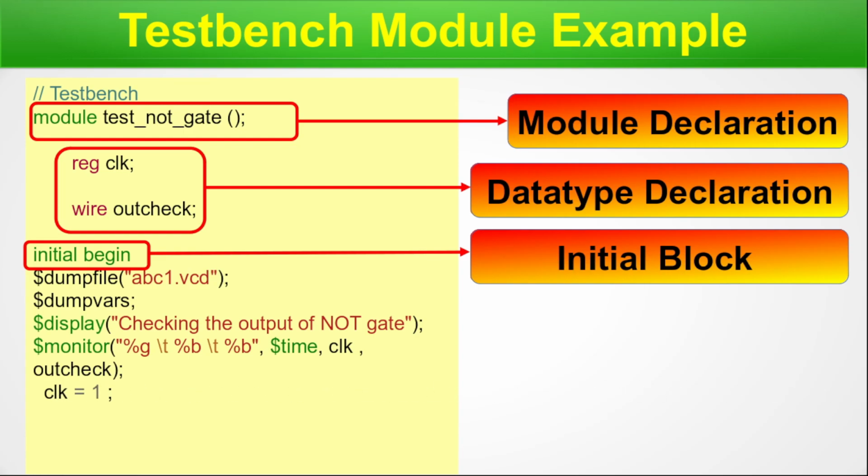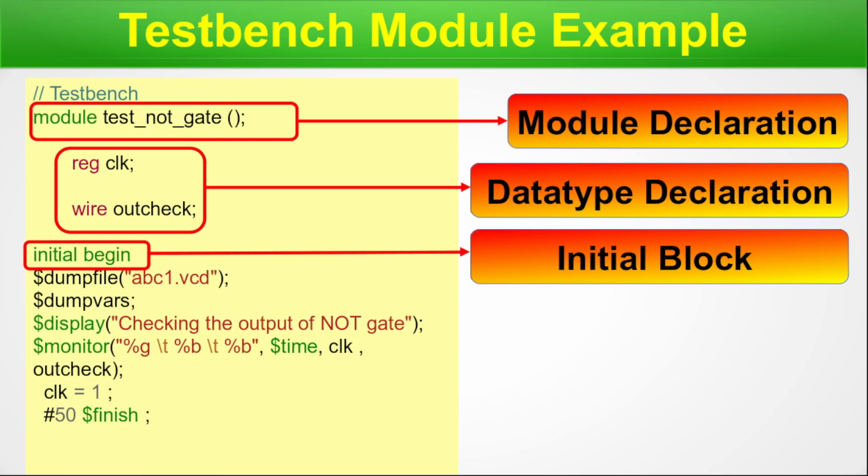CLK is equal to 1. We are initializing CLK with 1, that is logic 1. And at time equal to 50, we finish our simulation. Here you can understand that #50 is nothing but 50 time units, and the $finish keyword, which is a reserved keyword, finishes the simulation at this point. In many simulators, the finish can be defined by the simulator. However, in general Verilog code, we already have these directives to finish a simulation.